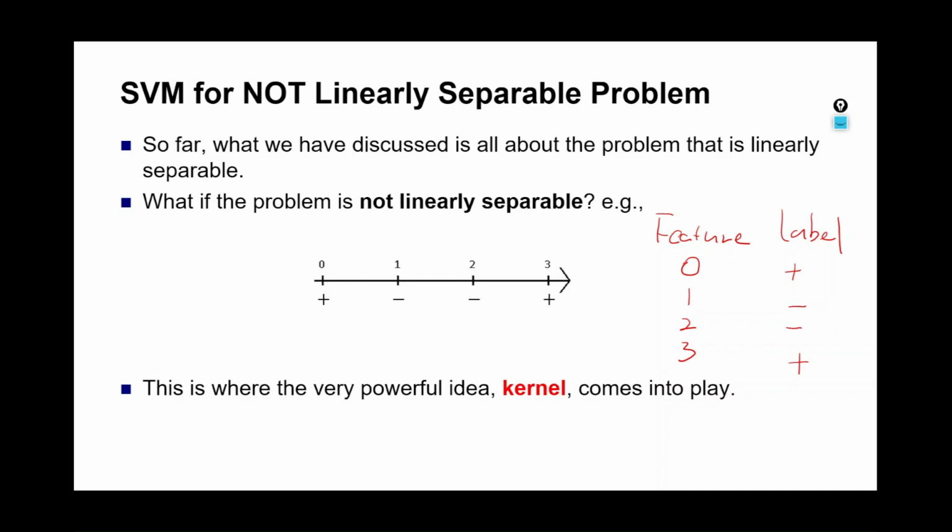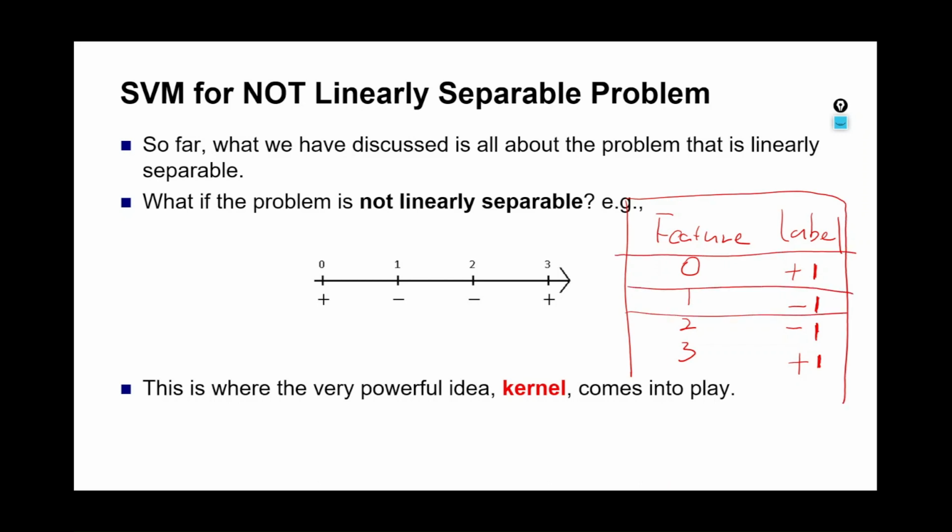We use positive 1 to represent a positive sample and negative 1 to represent a negative sample. So this is our data set. We are going to build a model later.